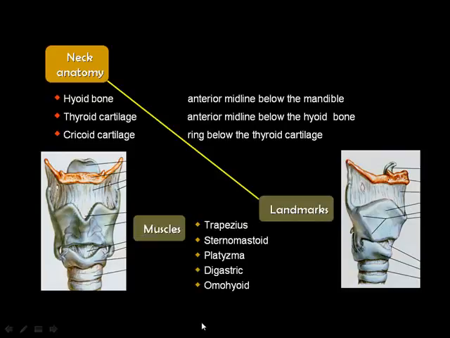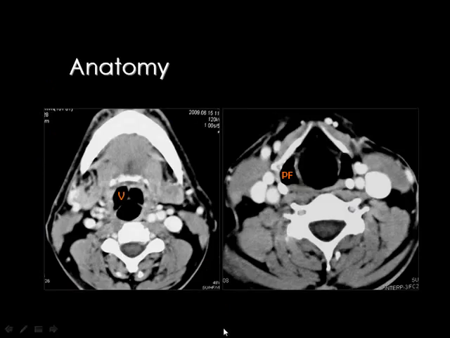Then the anatomy of the larynx. We have three important anatomic landmarks, which are the hyoid bone, the thyroid cartilage, and the cricoid cartilage, and some of the muscles. We start with the CT sections. This is the inferior border of the mandible, and this is the mouth floor muscles.